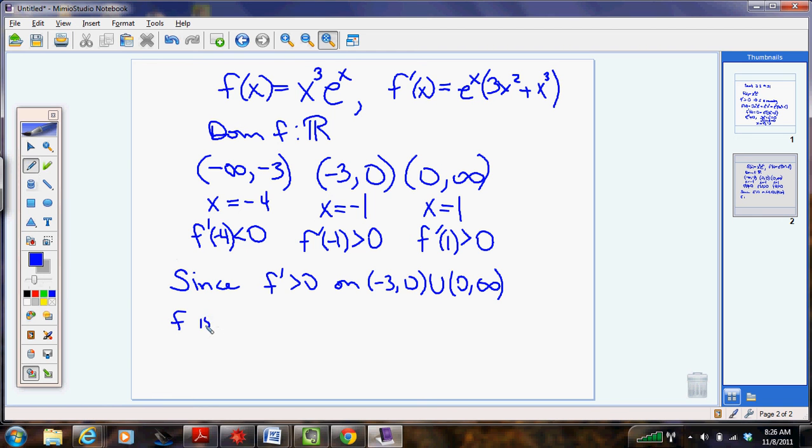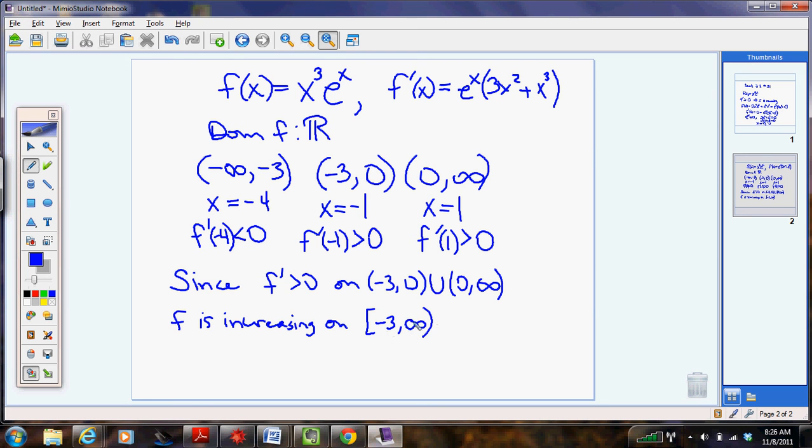F is increasing, now this is going to be a little different, f is increasing on the interval from negative 3 to infinity.